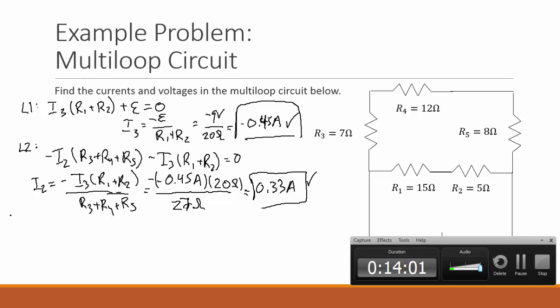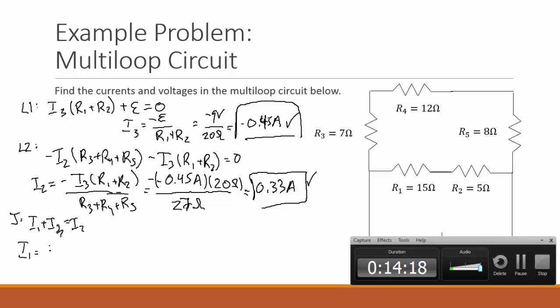And the last one I am going to use is the junction rule. The junction rule equation was that I1 plus I3 equals I2. I'm going to solve for I1.